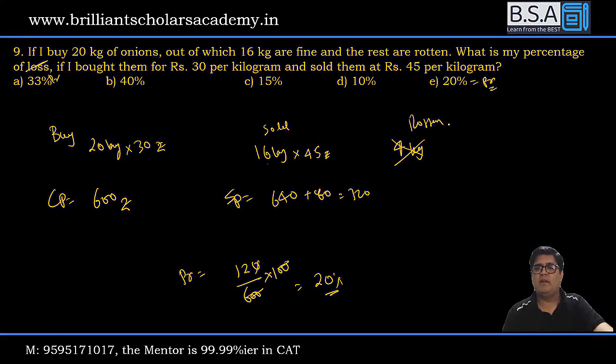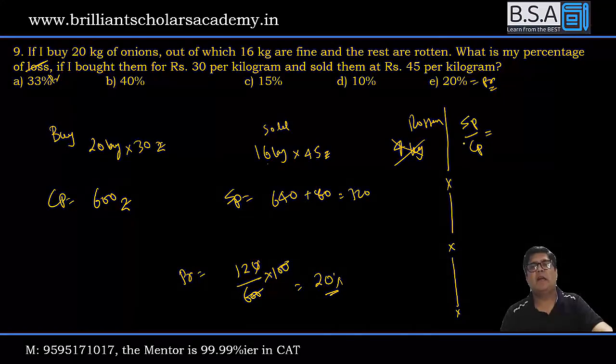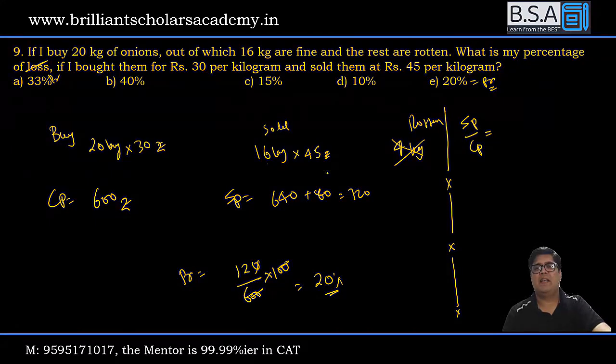Could there be a better approach? See, I've said this earlier. Always try to create SP upon CP. How many kilograms do you have worth selling? 16 kilograms. What price are you charging? 45. How many kilograms did you buy? 20. How much money did you pay? 30.